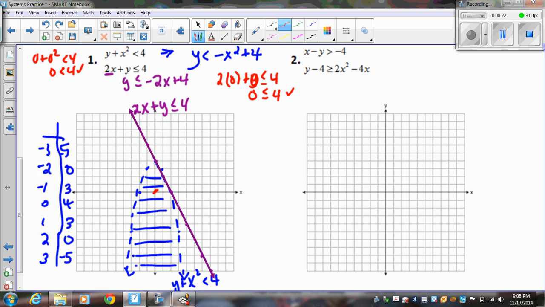So that indicates that I shade again in the direction of the origin. Anywhere where my two shaded regions intersect is where my solution is, and I'm going to mark that with an S to indicate that solution.